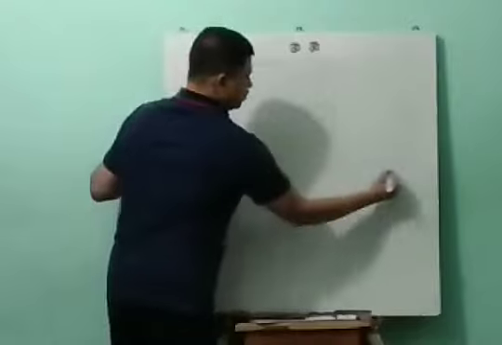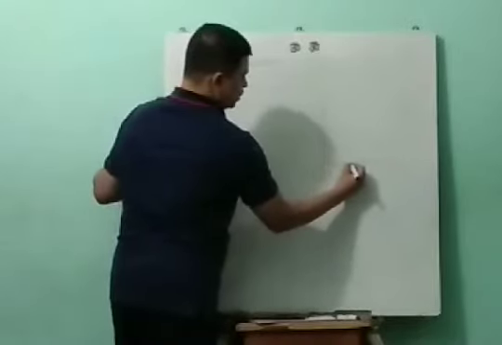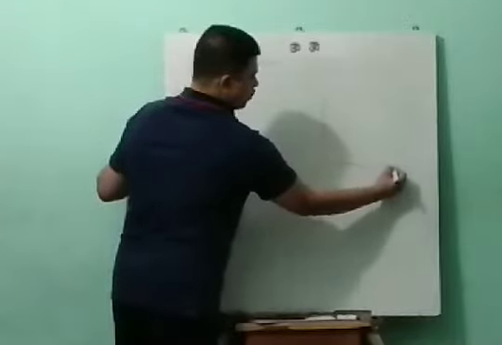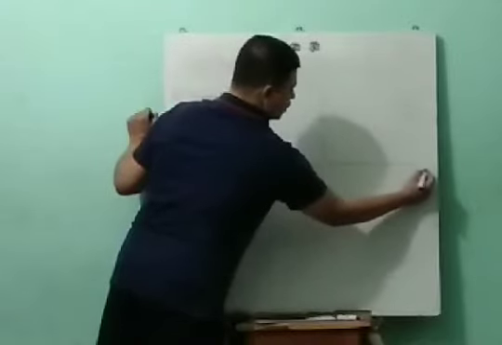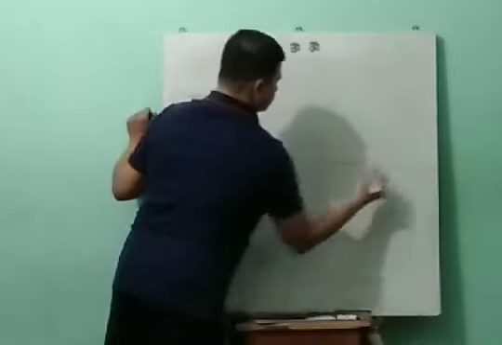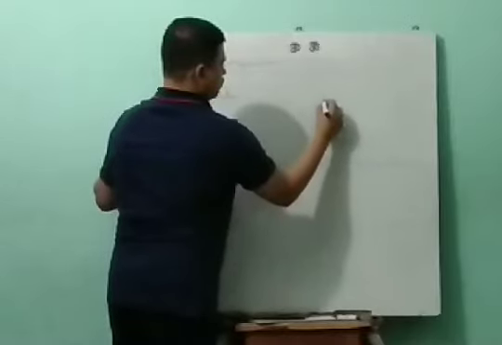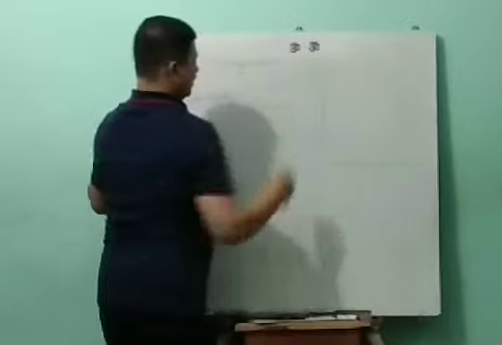So this is 0, x-axis, y-axis. So mark this 1, 2, 3, 4, 5, 6, 7. Okay. 1, 2, 3, 4, 5, 6 and 7.